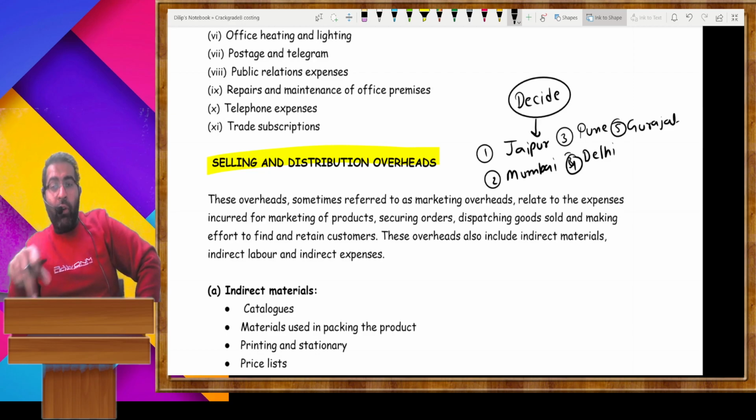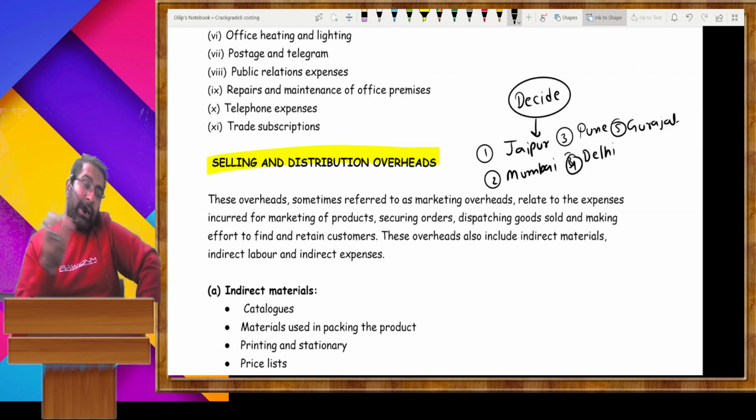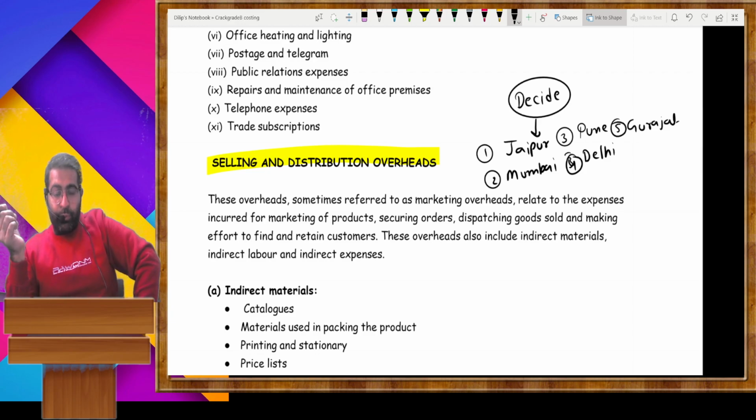So all these items, like all the traveling expenses, the selling manager charging you commission, the salesman charging salary, he is using the mobile phone, he is using the motor vehicle of the office for selling the product.